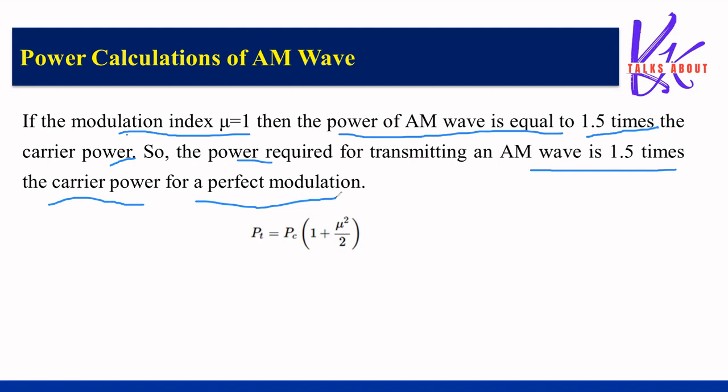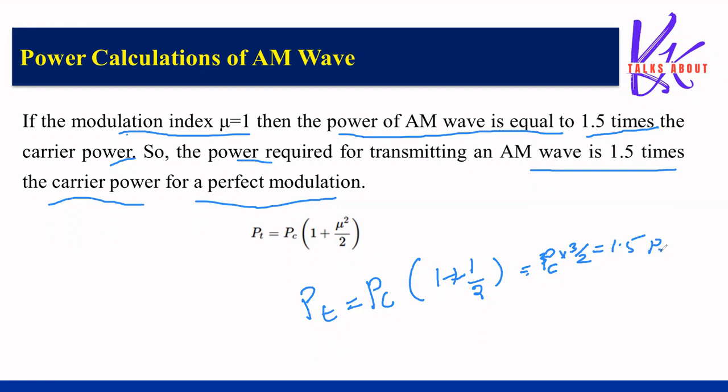So if you look into this equation, PT is equal to PC into (1 plus mu squared by 2), with the modulation index as 1. So 1 by 2, which is equal to 3 by 2, PC into 3 by 2, which is given as 1.5 times your PC.